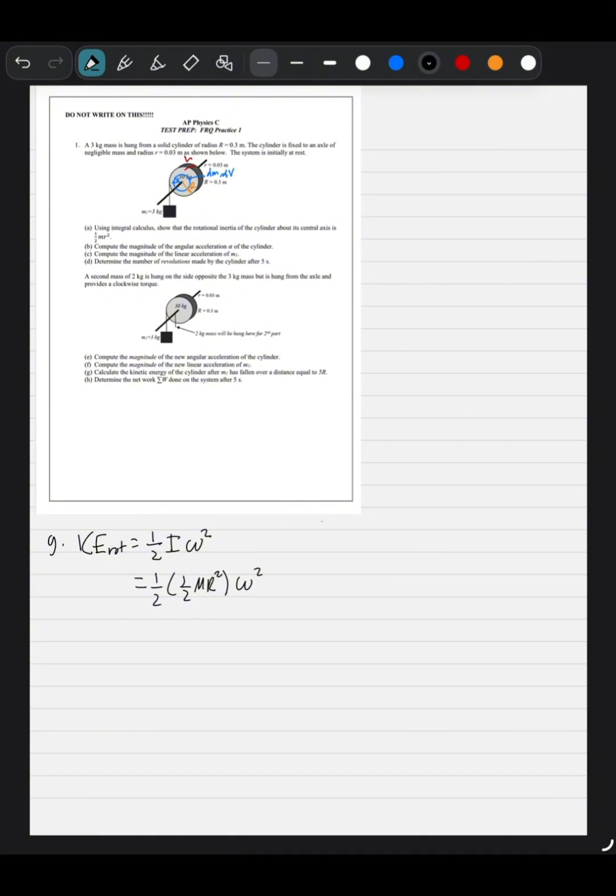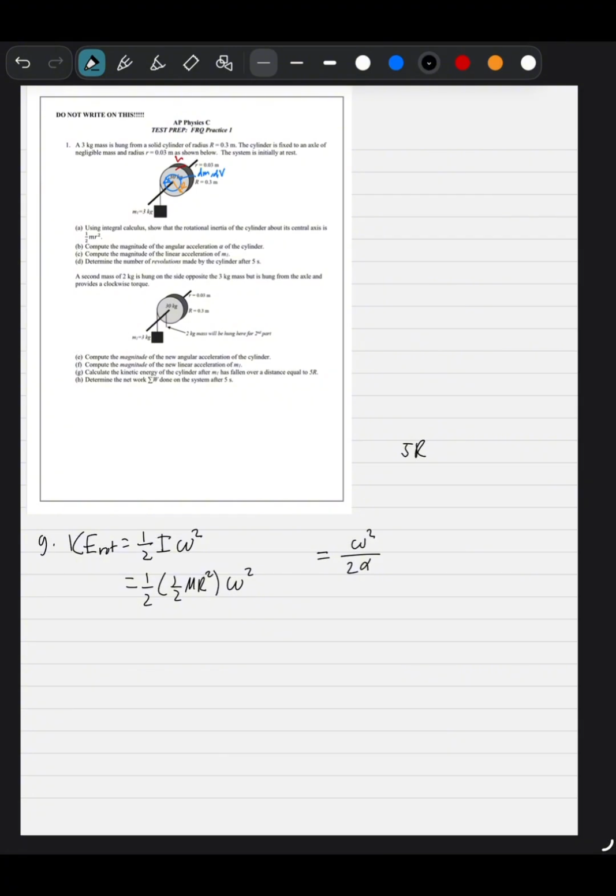To find omega, we can use the common form because angular acceleration is constant. And it's falling over a distance equal to 5r, but you can convert 5r into radians by just dividing by r, so it'll be 5.